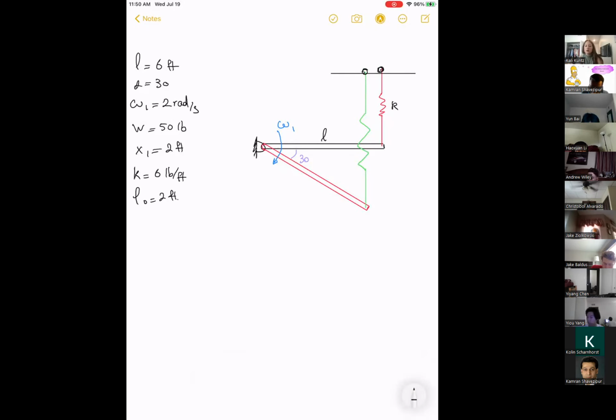This is how the system looks. As I said, because it rolls, it allows the spring to be perpendicular all the time. Any suggestion how to do this?